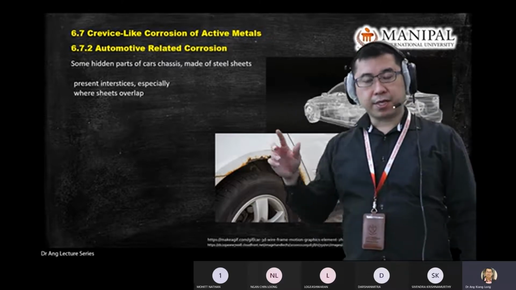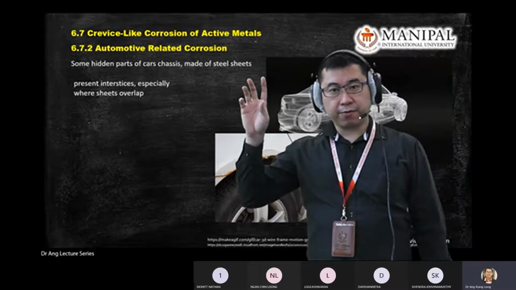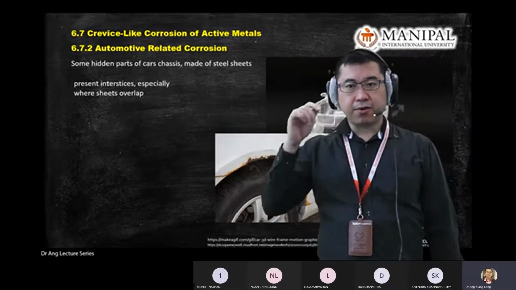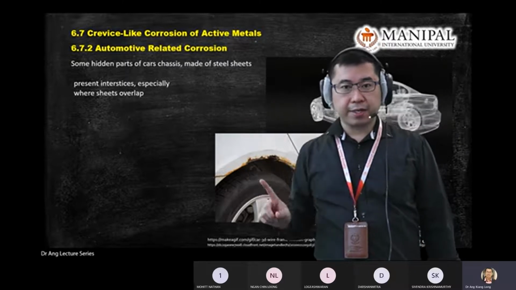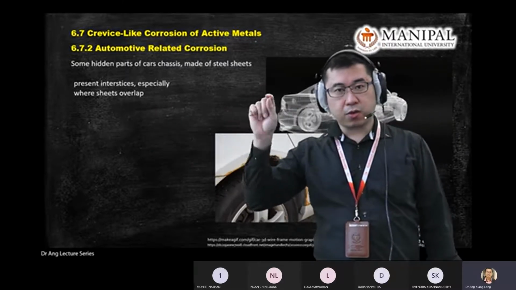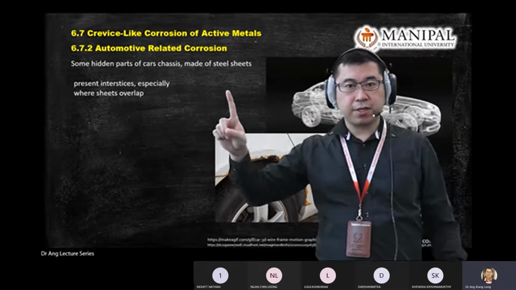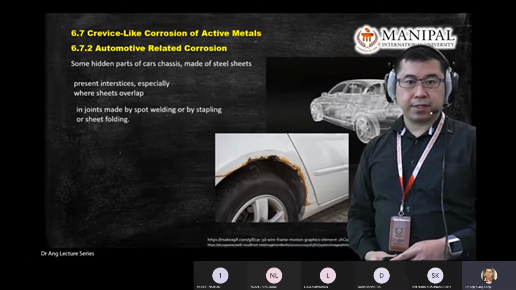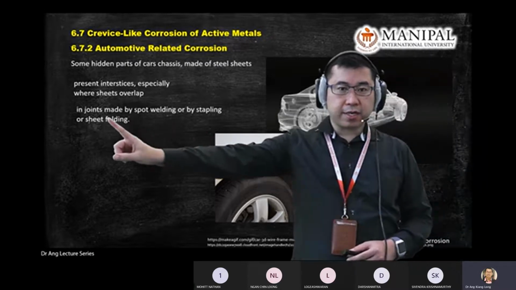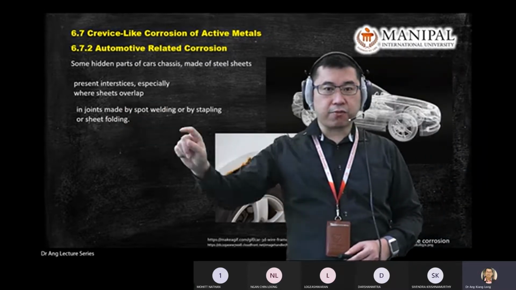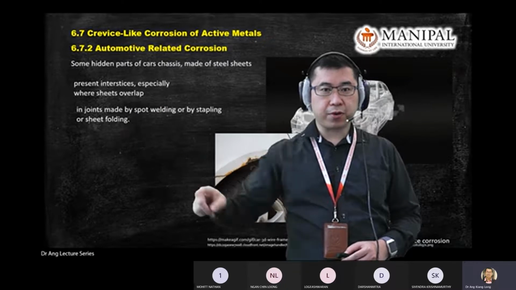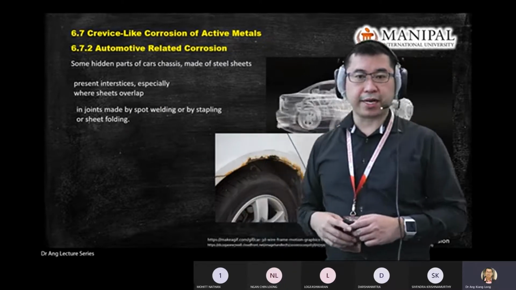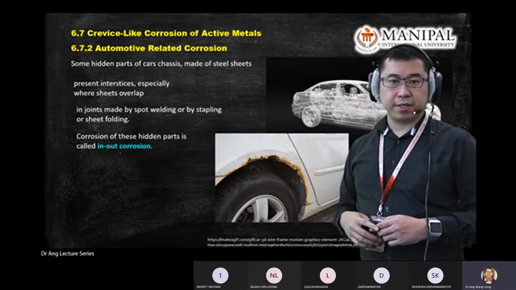And just now before the break, we also gave you a diagram, showing how crevice can happen. As long as there is a gap between the metals, crevice will go and attack that area. They attack the joint, they attack the sheet overlapping. If there is any spot or any welding spot there, they are going to attack all these areas.